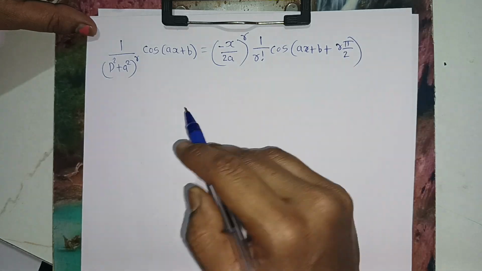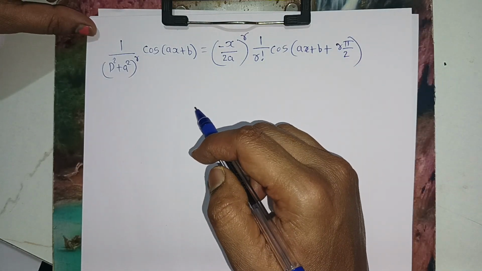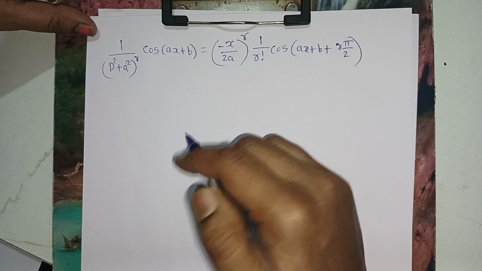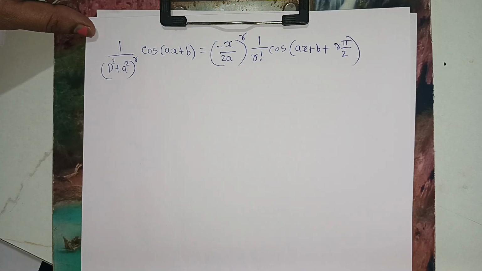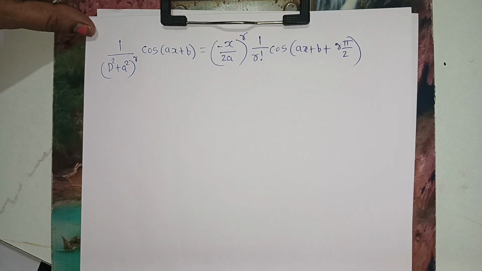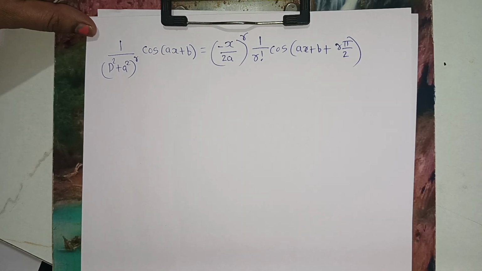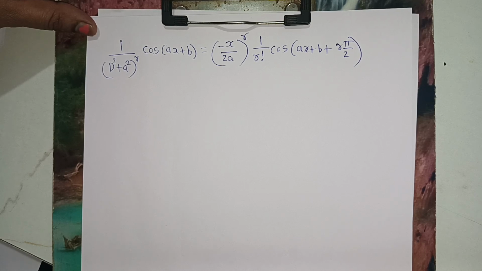Okay, this is the formula you can use for the same problem we have just seen. But I think remembering this formula is a little bit difficult, so you can straightforwardly use the same case you have for sin ax plus b and cos ax plus b. Okay, thank you.